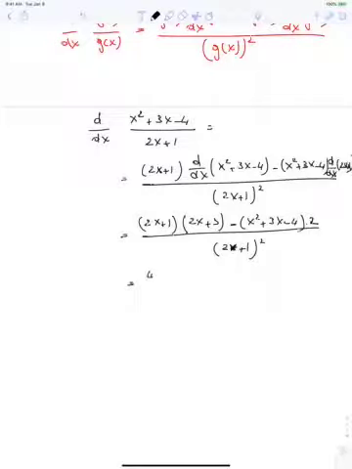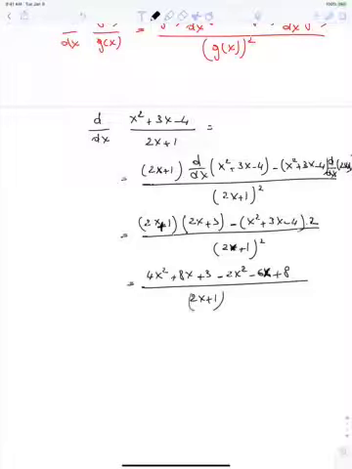Okay, so now we're going to do the math here. This is pretty straightforward. It's 4x squared. I'm going to do it in one single step. So this would be 6x plus 2x, which is 8x plus 3, minus 2x squared minus 6x plus 8, divided by 2x plus 1 squared.